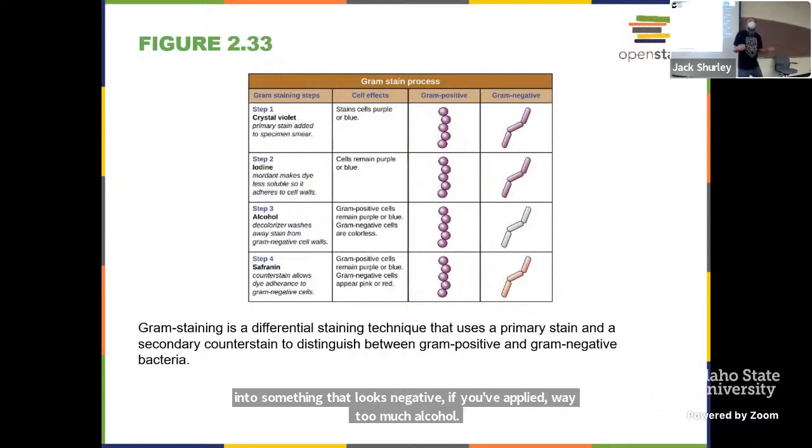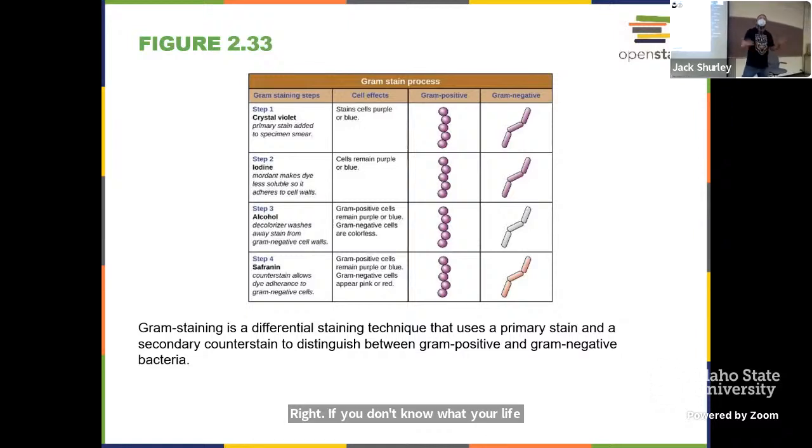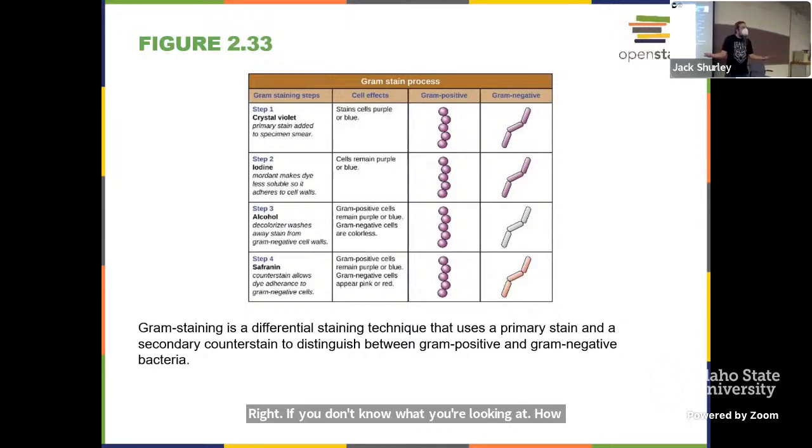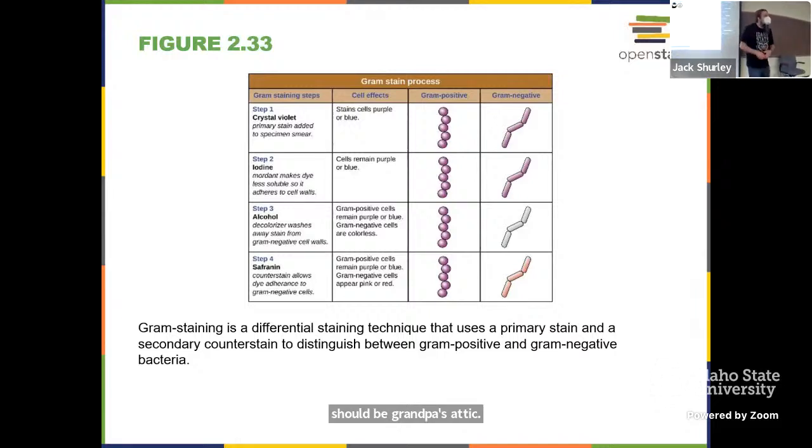If you don't know what you're looking at, how would you know that you've made a mistake, right? We want to make sure you know what's going on. And when we first start these things, you will be given things that you know. You know that this bacterium should be gram negative or pink, or you know that the other one should be gram positive or purple, right? Shape wise, well, we'll deal with that in a minute, right?